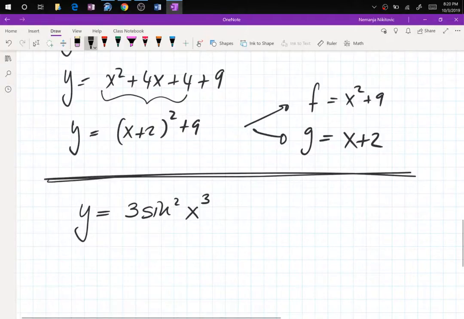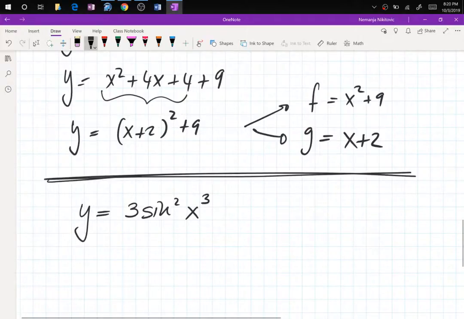Well, I don't like the sine and the squared together, because are they the same function? Are they the basic functions? Remember, your function composition is between basic functions. How many basic functions do I have? 3. You said it. I have 3 basic functions.